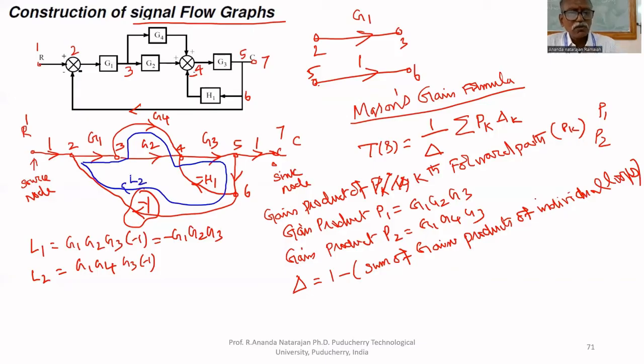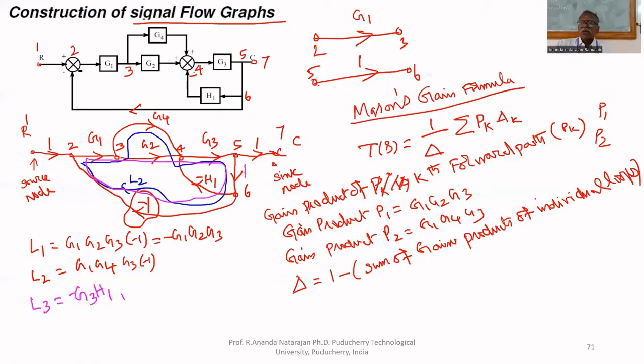The first loop is this way. The third loop is 4, 5, 6. L3 equals G3 times minus H1, because H1 is in minus.